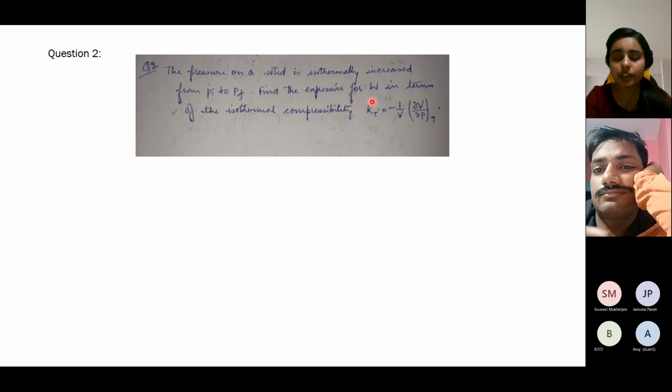Now, what should be the expression of work done? You are only given this term, which is the isothermal compressibility. So how can someone find the value of W? W is given by the integration of PdV. So how do we plan to use this information to find the expression for W?